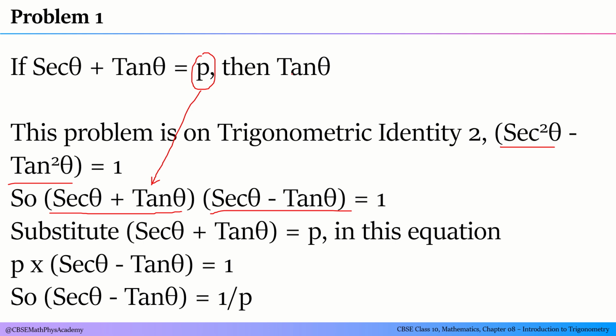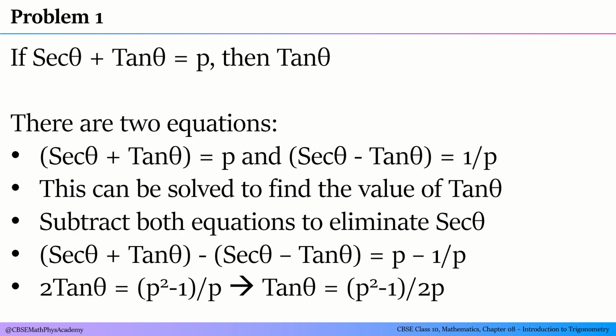But you need the value of tan theta. So you have two equations in hand now. One is sec theta plus tan theta is equal to p. The other one is sec theta minus tan theta is equal to 1 by p. You can algebraically solve this to find tan theta. You need to eliminate sec theta, which can be done when you subtract both equations.